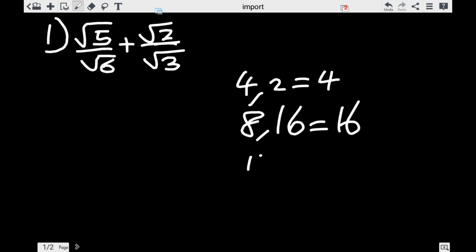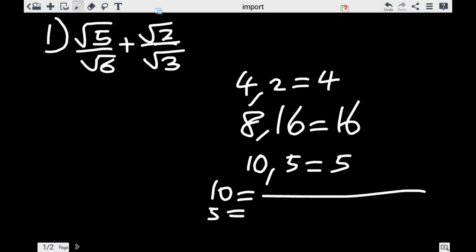The least common multiple of 10 and 5 is 10. When you make a list of multiples of 10 and 5, you want to make the multiples of 10 and the multiples of 5. I've already taught you this stuff, so you should know how to do it.